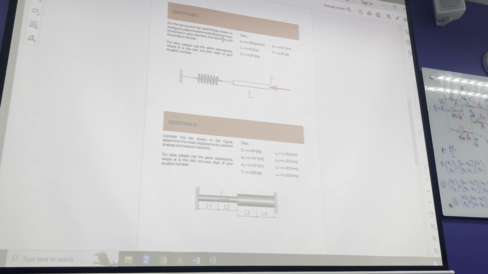Equals F1, F2, F3, F4, F5. Negative K2, negative K2, K2. Then I add in the third matrix, which is plus K3, minus K3, minus K3, K3.